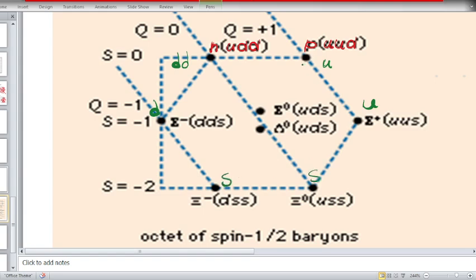So this particular arm you take as U, this particular arm you take as D, and this particular arm you take as S. Then for baryons you have three quarks. So you consider UU first for these arms, then DD, then SS.